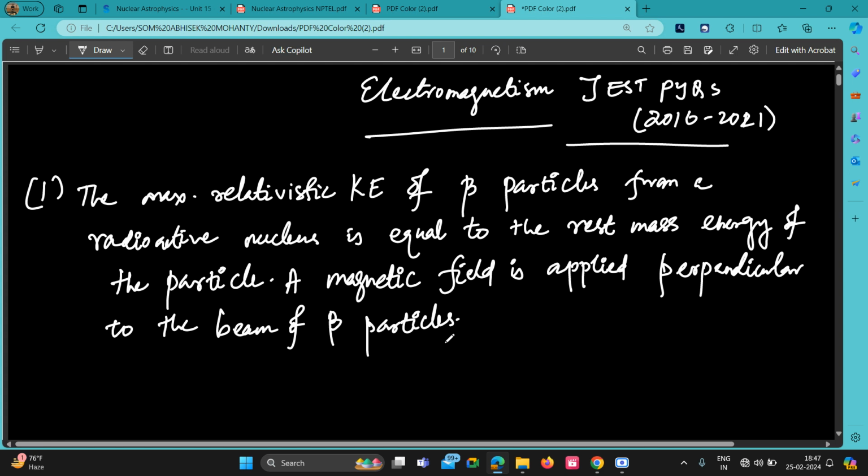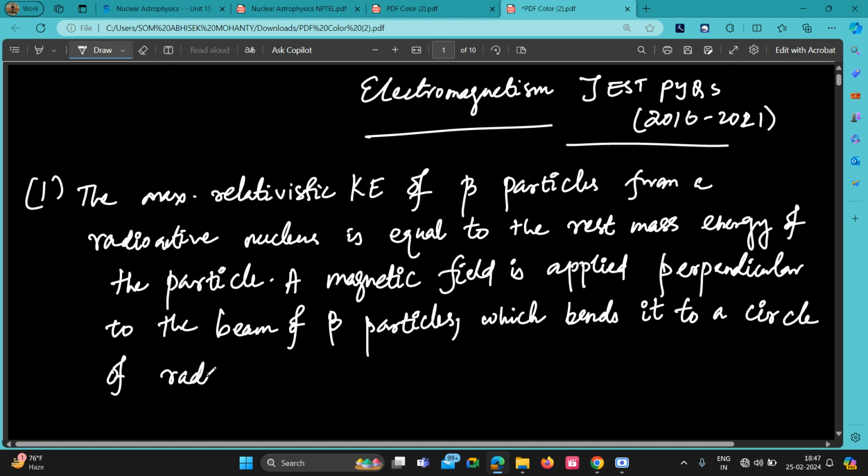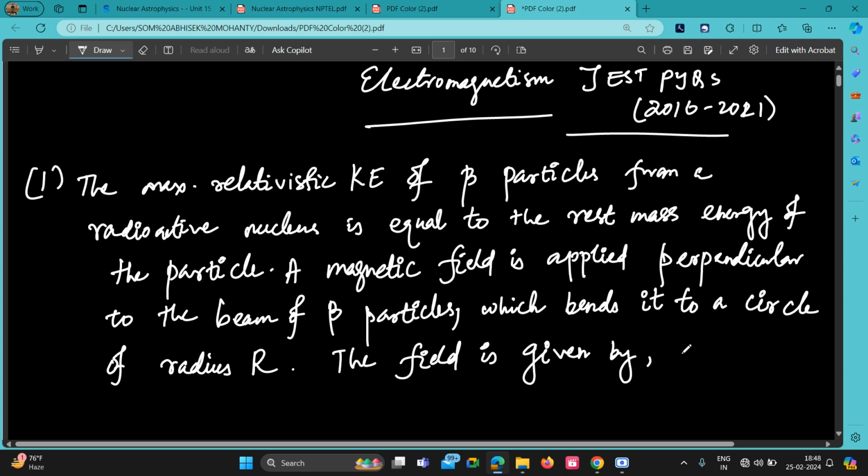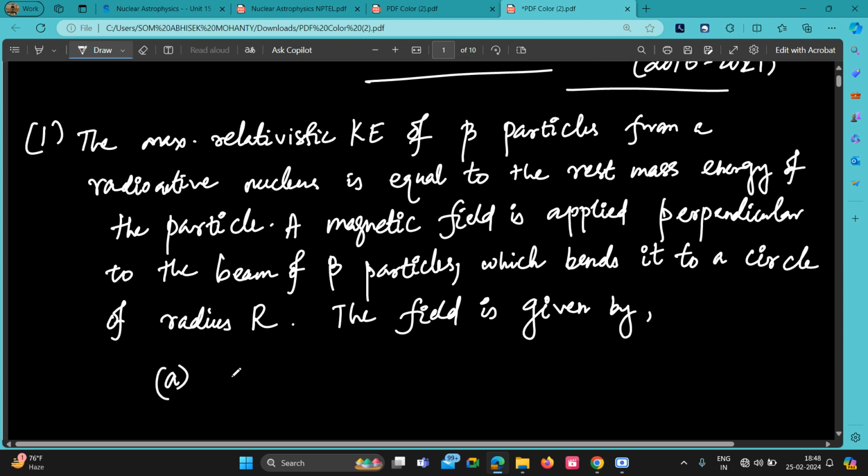Which bends it to a circle of radius r. The field is given by: option A, 3 m naught c by er.